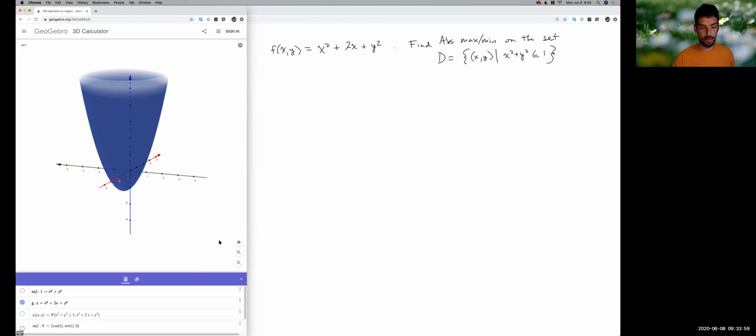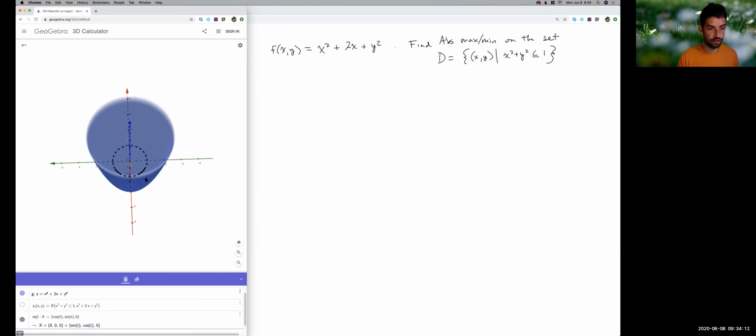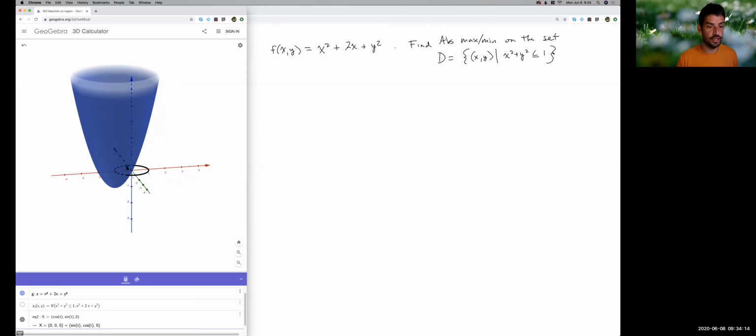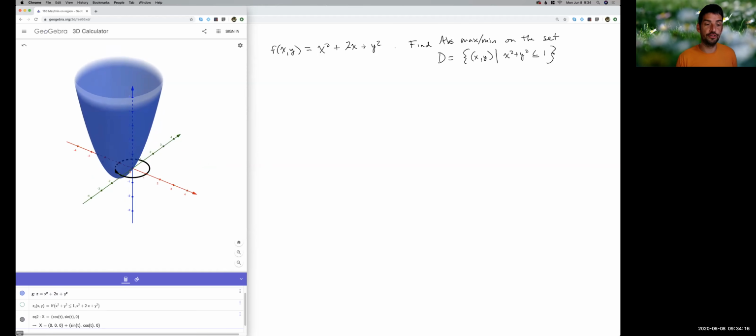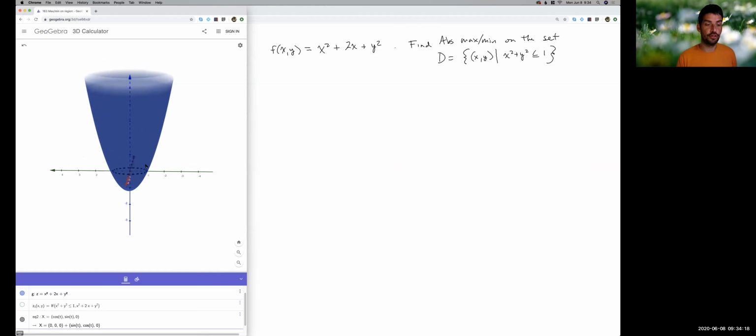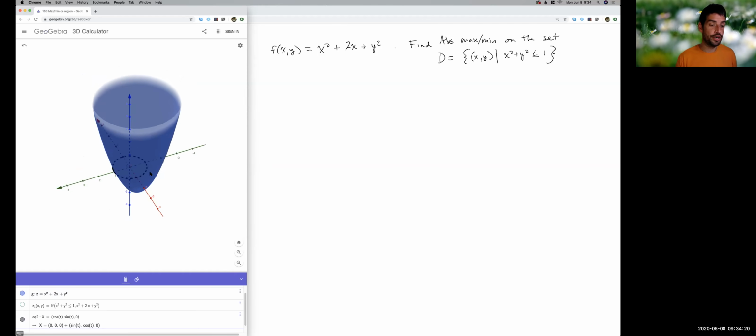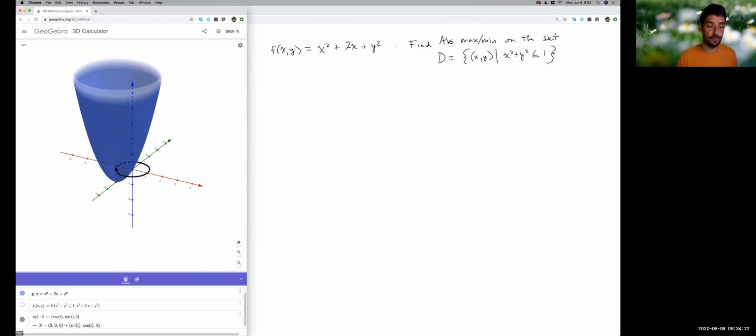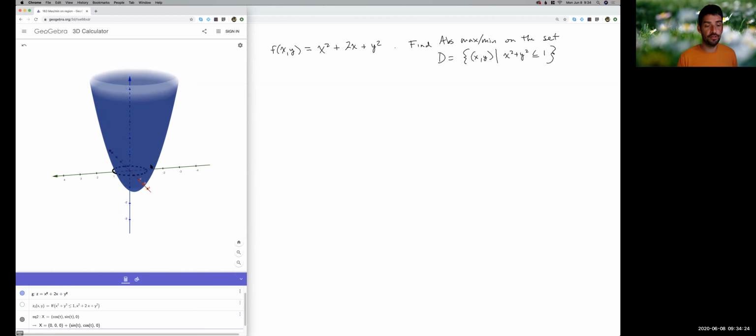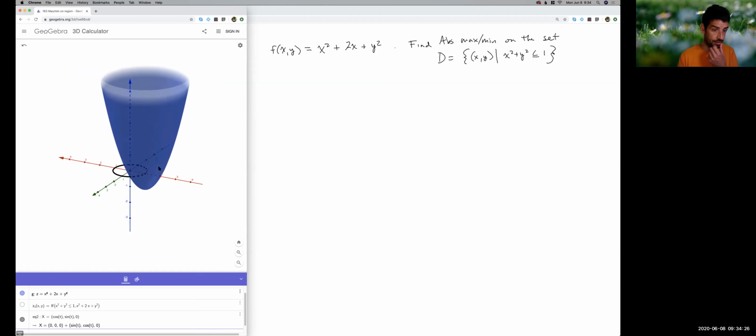So what is this problem asking us to do? Well, first of all, we're looking at the set of points x squared plus y squared is less than or equal to 1. So that circle now, it's a unit circle around the origin. I've drawn it around the origin there. So all the points on that circle and in its interior, we want to know where does this function achieve its maximum and minimum on those set of points, on those set of inputs.